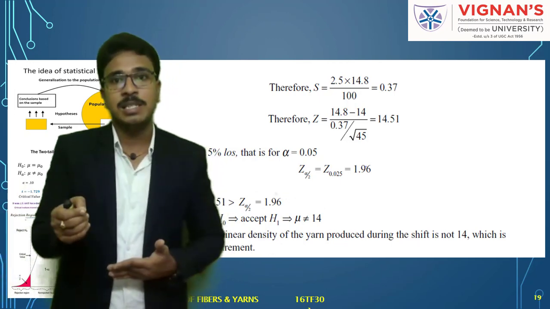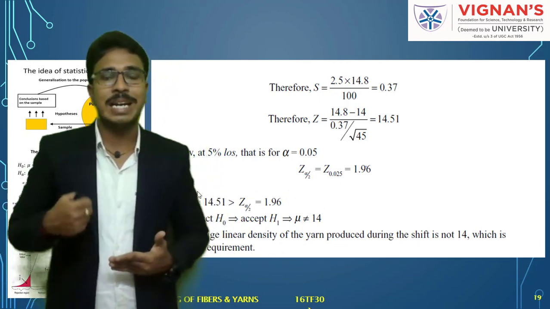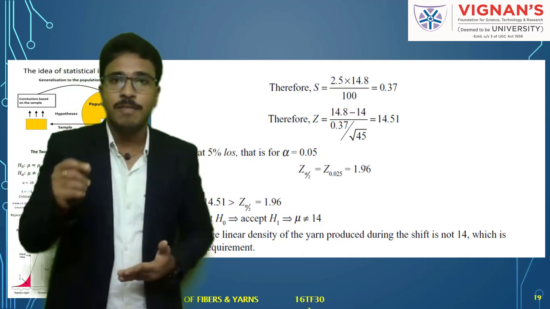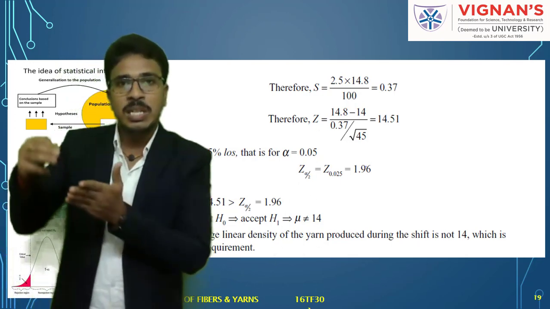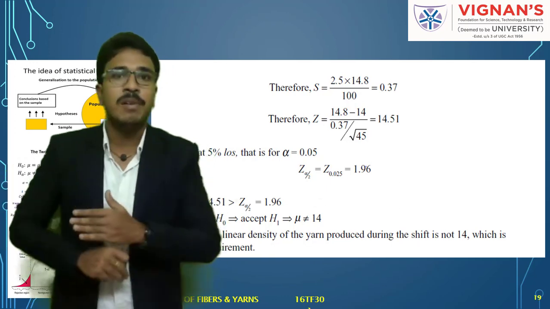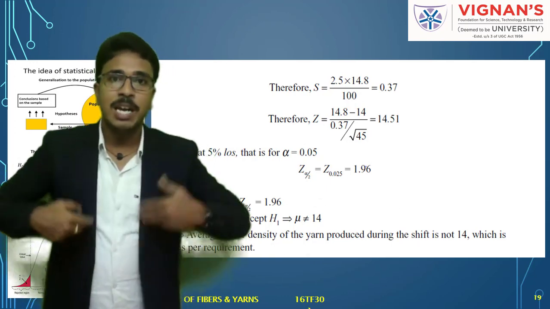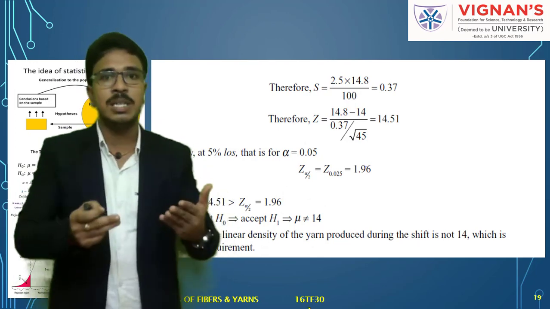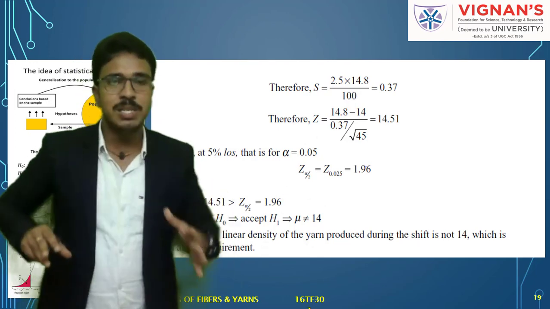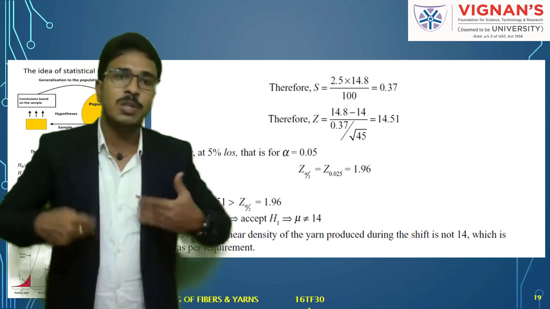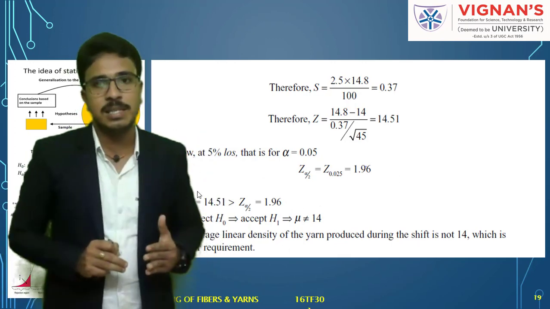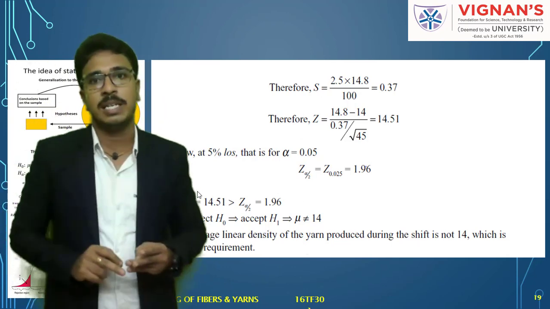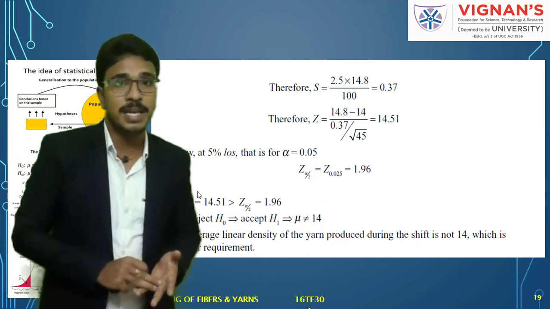So this means what inference we can draw, statistical inference: the average linear density of yarn produced during the particular shift is not 14, but we are assuming that it is 14 x. We have set all the parameters and we thought that we have produced 14 x, but that is not 14 x, that is 14.8.